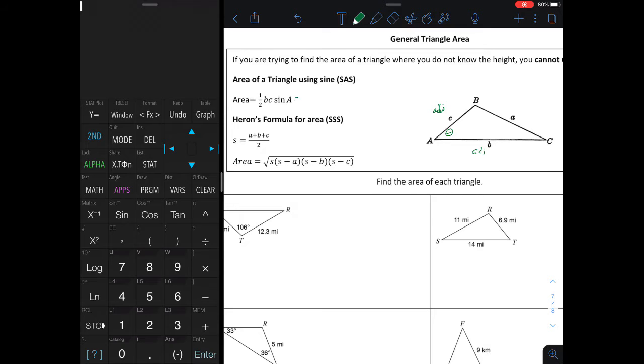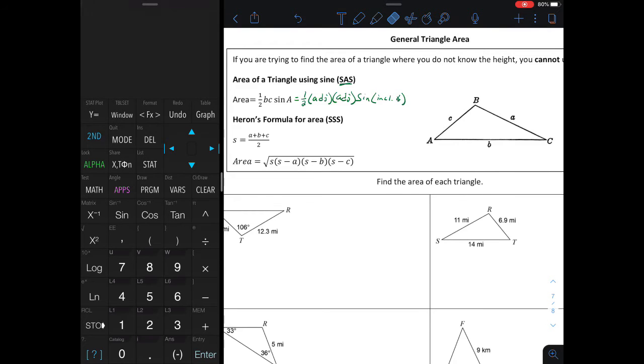So another way to think of it is I could find the area for side angle side as 1/2 times the product of the adjacent sides times sine of the included angle. All right, so that's one way to find the area without being able to use 1/2 base times height.